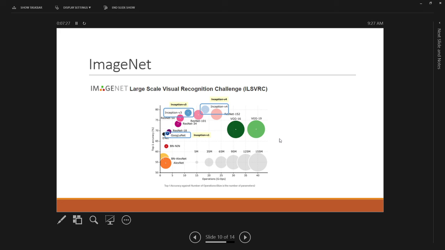This competition has been going on for, I think, a decade so far, a very long time. When I did my project, I learned about Inception V4 and also VGG16. Inception V4 was most successful in ImageNet. VGG was also successful, but at an earlier time period.